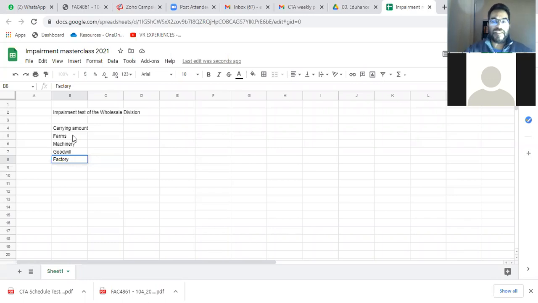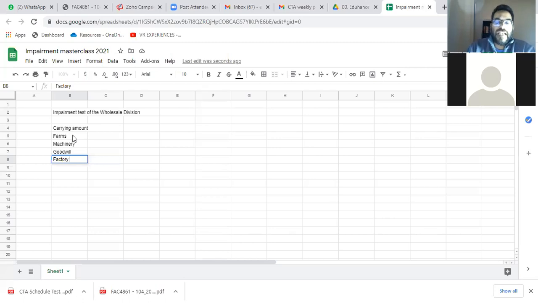In this case, the factory building is used by both the wholesale division and the retail division. So therefore, it is used by more than one CGU, and it cannot generate cash inflows independently. As a result, it is a corporate asset.